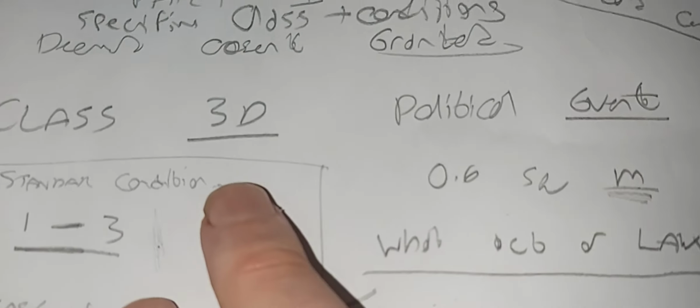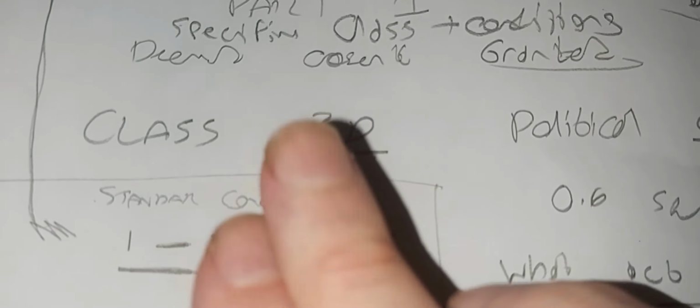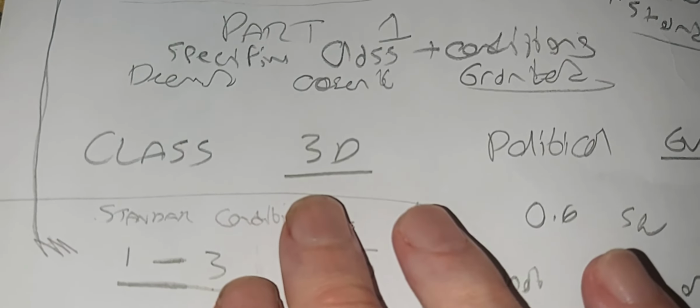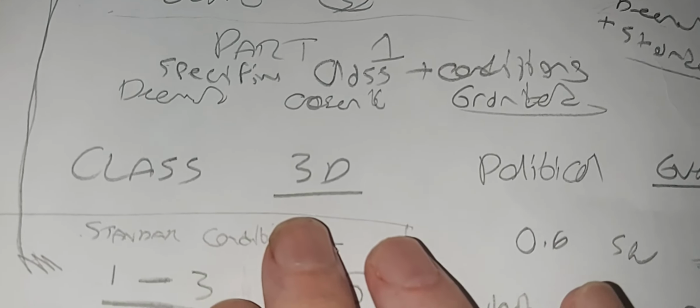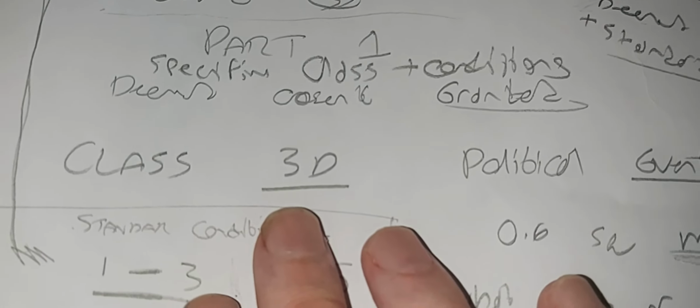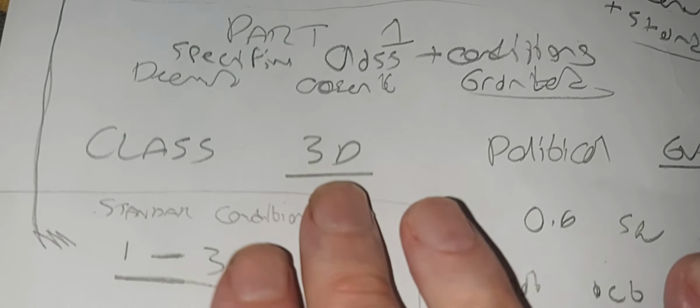Now, you've got some other classes as well, right? And one of them, not in the class A, B, C, D, E, and F, in part 1 of the specified class conditions deemed consent granted, you've got this class 3D.